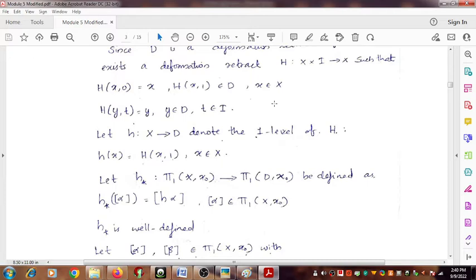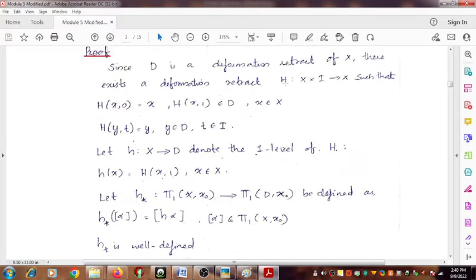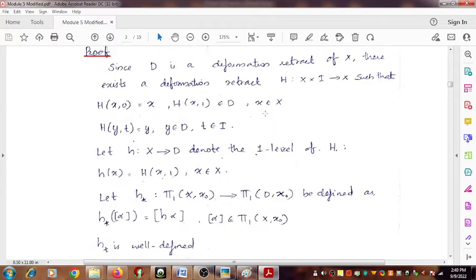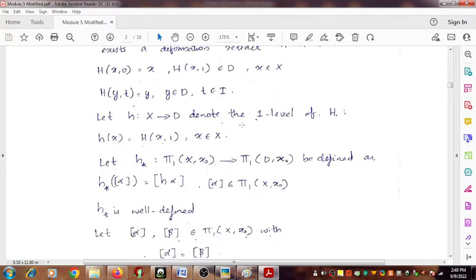We have the deformation retraction H, and it has different levels, from the 0th level to the first level, as the value of t varies from 0 to 1 in the closed interval I. So here we take the first level, level 1, of the deformation retraction function H.